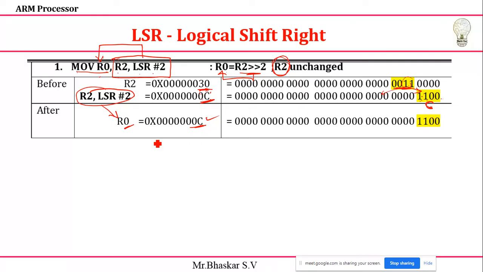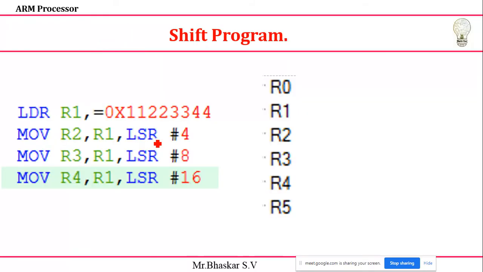Okay, so once you understand, now you tell me what the values are. What is the R1 value? Yes, 0x, 1, 1, 2, 2, 3, 3, and 4. Now, logical shift right of 4. What is the value?